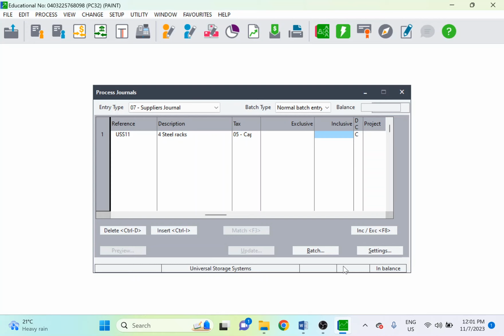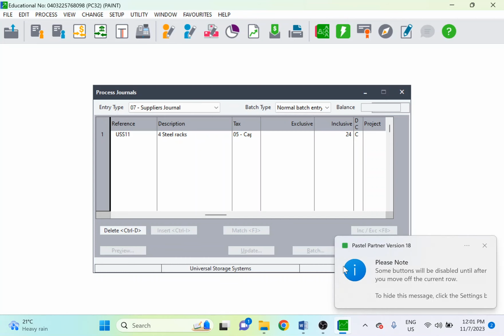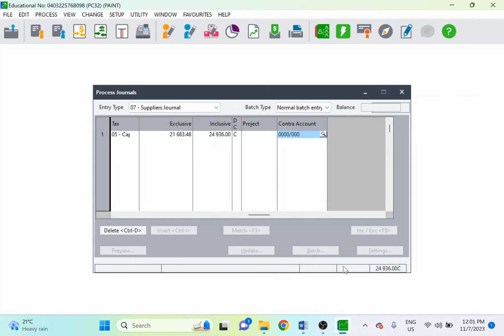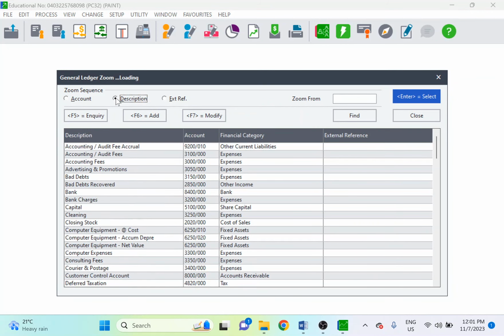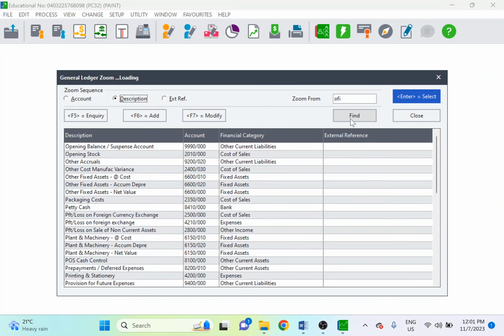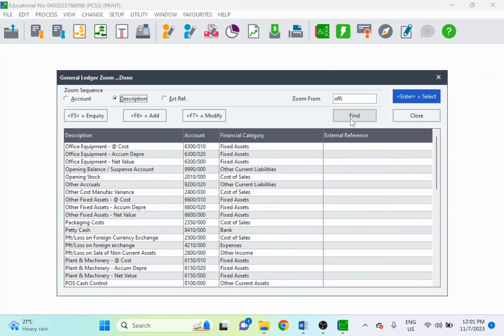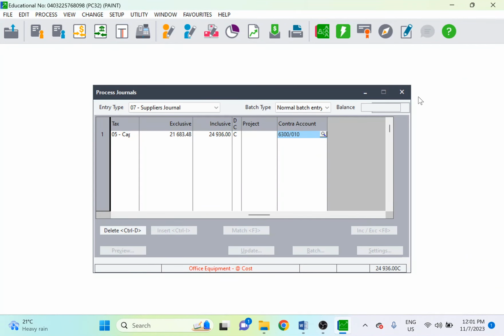Now under inclusive amount, it's 24,936. And then under contra account, you're going to search. We're looking for office equipment. We know the name, so we select description, type office. Then office equipment at cost, you select it. We are done with line number 1.